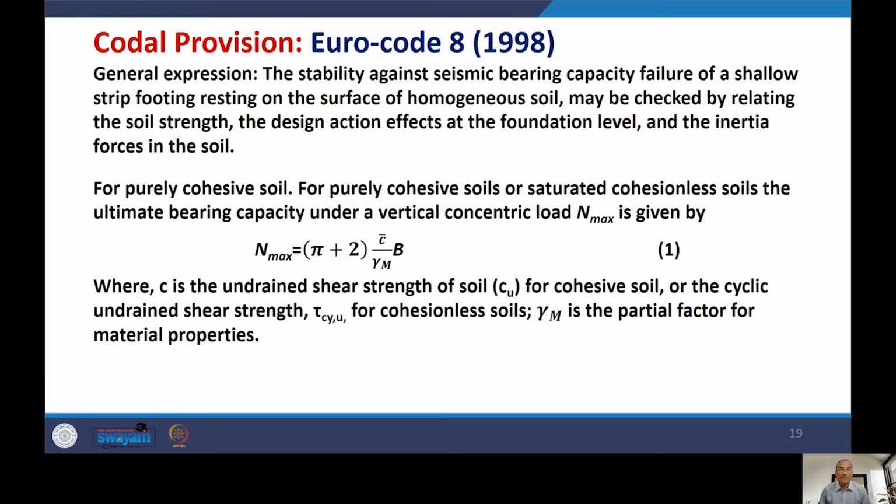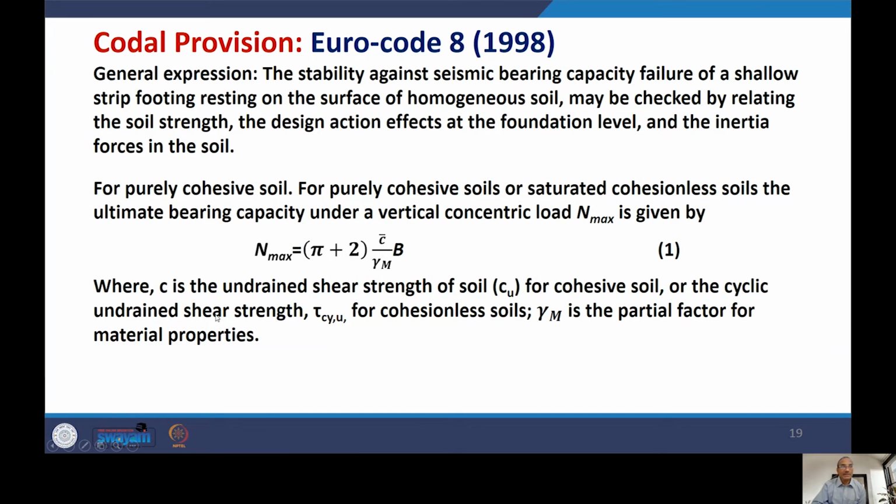For purely cohesive soil, what are the requirements, particularly if you want the ultimate bearing capacity? For purely cohesive soil or saturated cohesive soil, the ultimate bearing capacity under a vertical concentric load is denoted Nmax. N looks like a number, but Nmax denotes the vertical bearing capacity. This can be found from this relation, applicable for cohesive soil: (π + 2) c̄ B divided by γM.